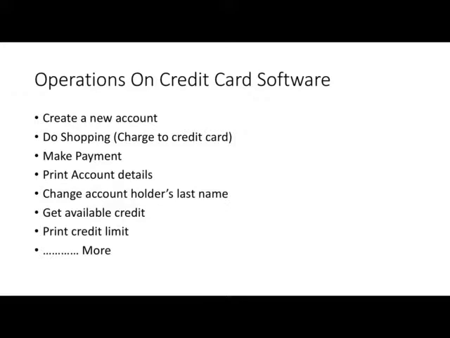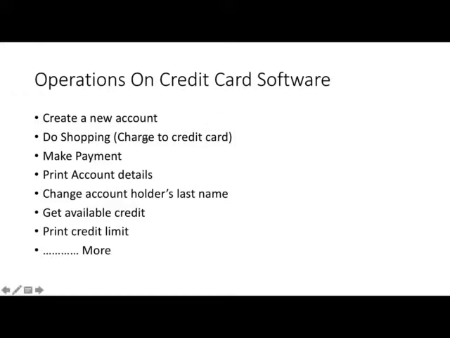Notice some of these change the state of an existing credit card account and some don't. That means some have write access and some have read access. Anytime you have write access, you're causing mutation in the software.